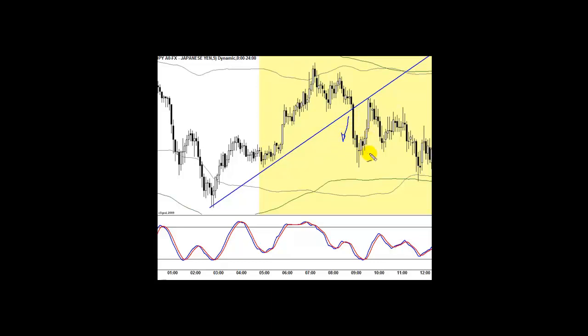In this case, we didn't manage to get into the original trade, but then we get a retracement back to the underside of the trend line, and in fact we're able to get into the trade at an even better price than we would have got if we closed beneath. So we could have got into this trade at around 94.45, with a stop loss of 30 pips, and been able to get into a trade that we weren't able to get into before.